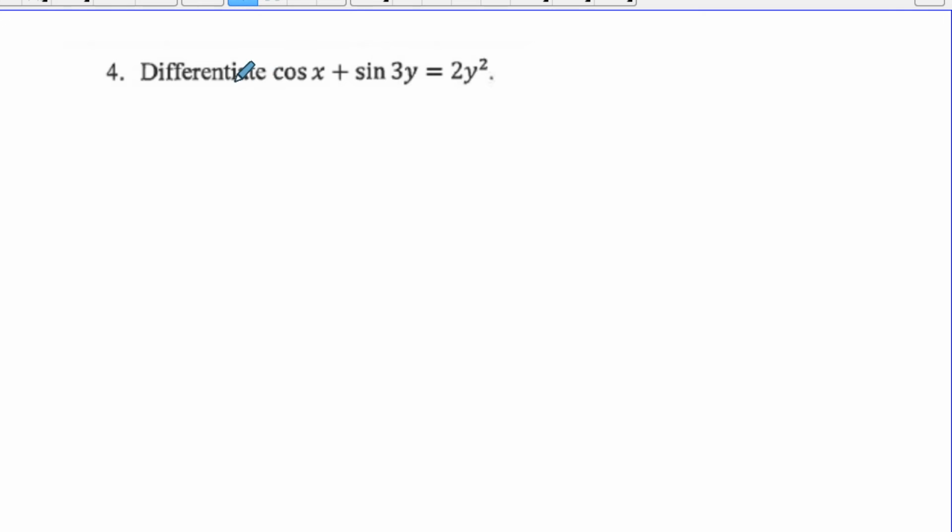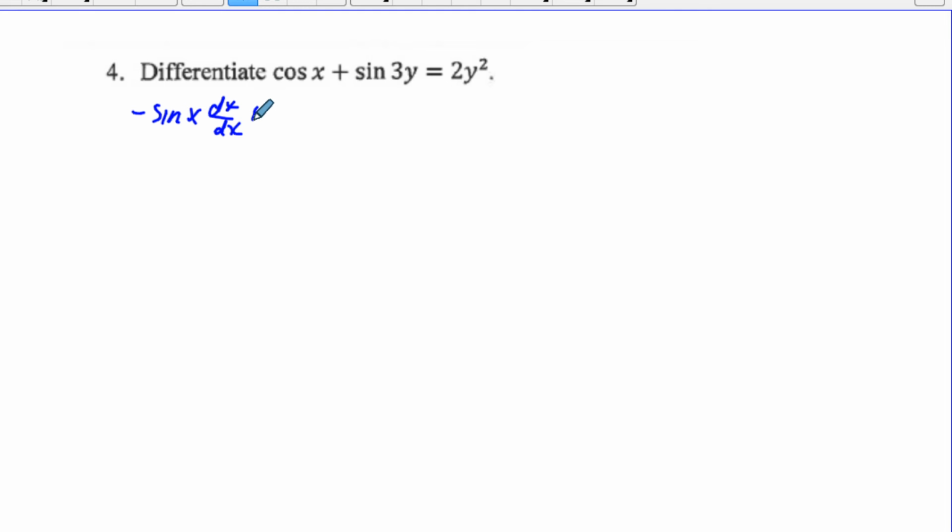So differentiate cosine x. What is the derivative of cosine x? Well, it's going to be negative sine x times the derivative of x with respect to x, dx dx. And then the derivative of sine is cosine.